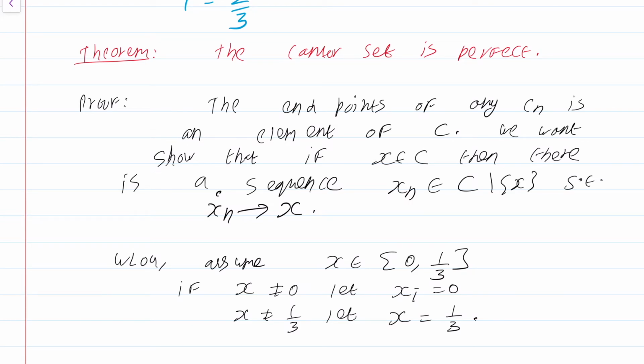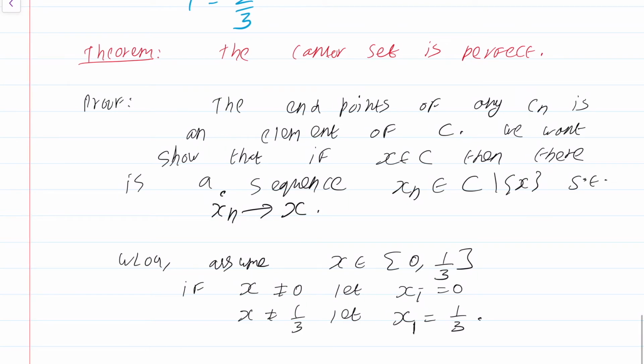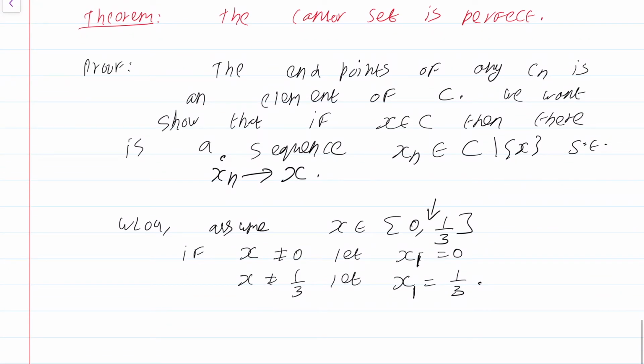The way I have written it, x1 is sort of ambiguously defined if x is there in the middle, but it doesn't matter. Choose any one of the endpoints if x is actually somewhere in between 0 and 1/3. Okay. So what we have done is we have produced a point x1 in the closed interval [0, 1/3]. In fact, we have produced a point x1 in C such that x1 is not equal to x, right?